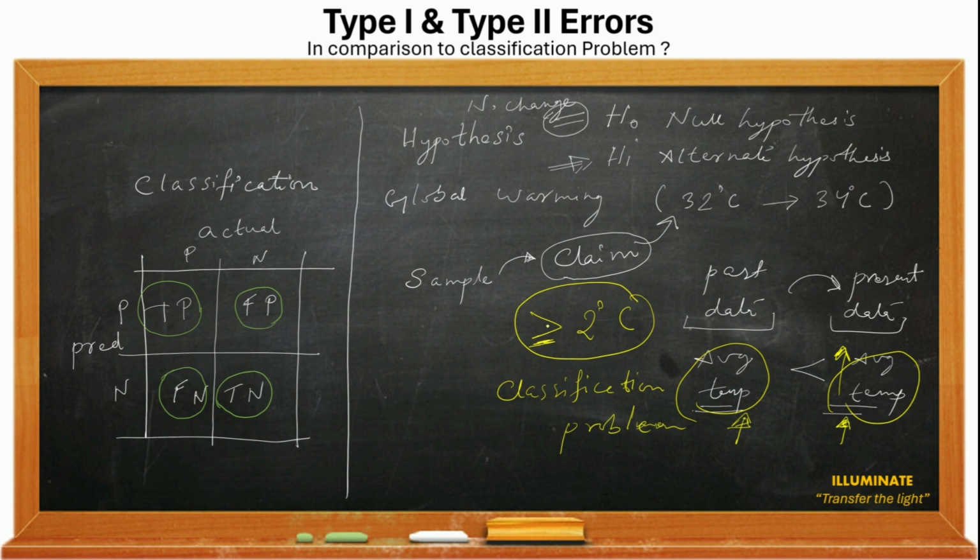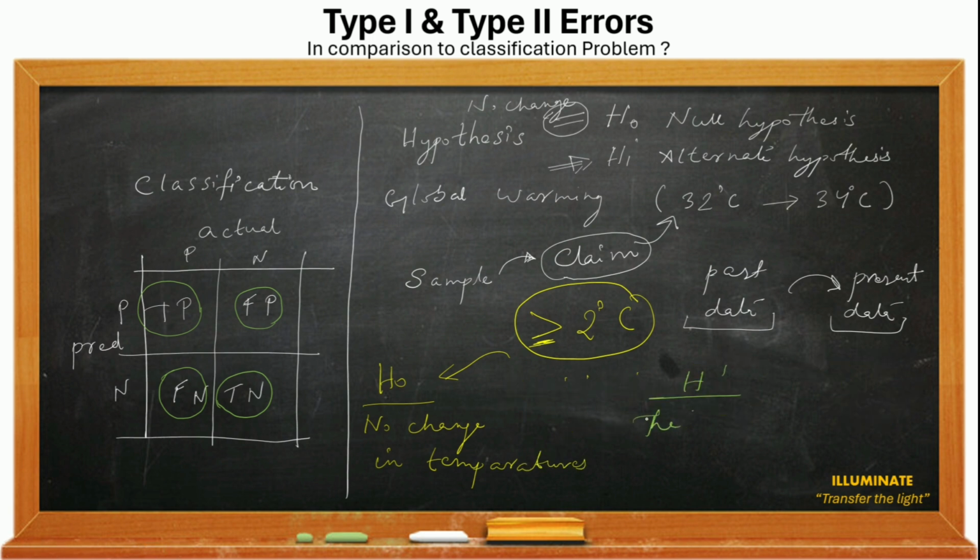So what is the null hypothesis here? The null hypothesis is nothing but no change in temperatures. And what is the alternate hypothesis? The temperature has increased by more than 2 degrees Celsius.